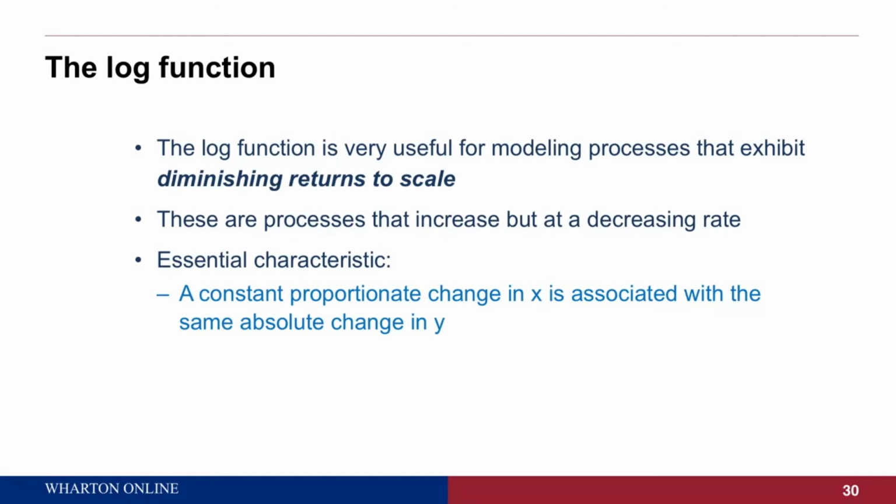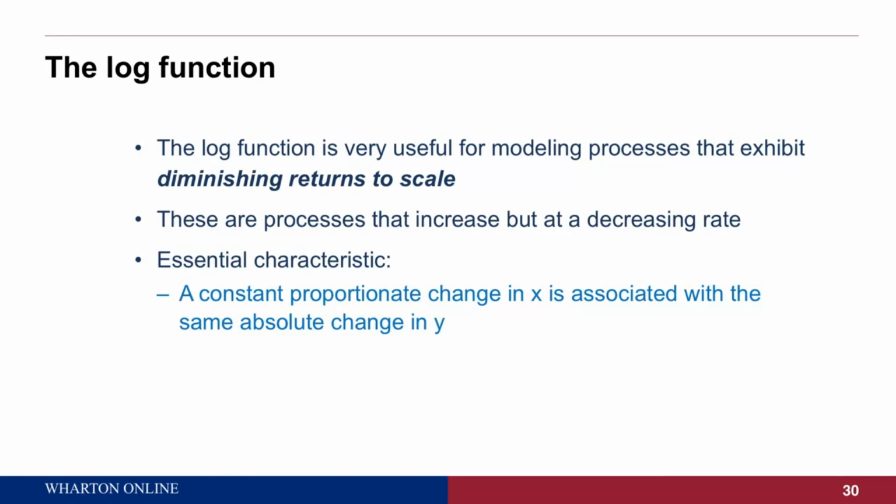Again, when you get to the stage of doing modeling and you're thinking about the business process, you need to be thinking about these ideas as you choose your model or functional representation of the process. How do you think things are changing? Do you think it's absolute change in x being related to absolute change in y as a constant? Or do you think it's relative change in x to relative change in y?